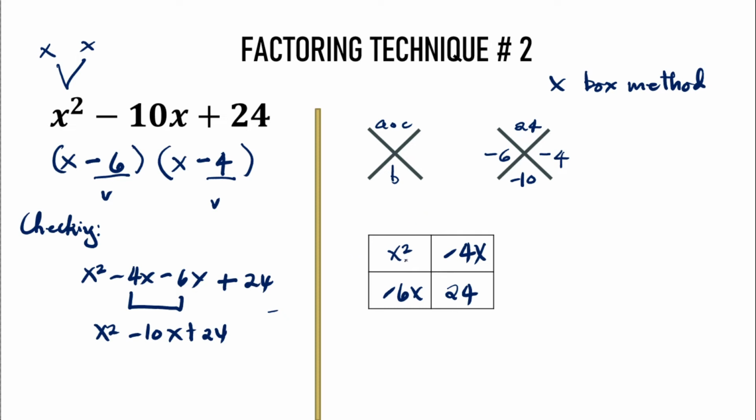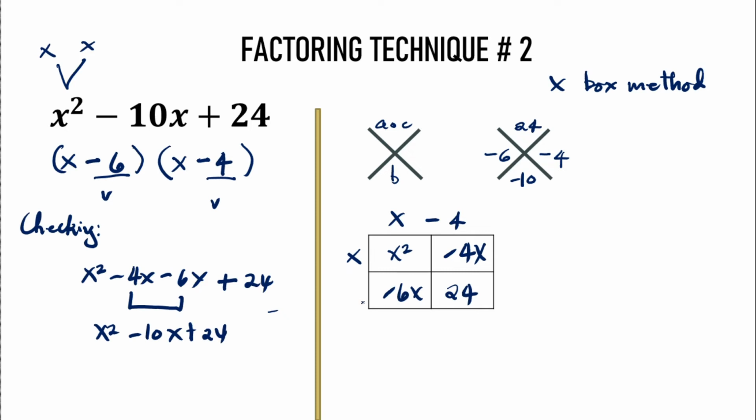So, sa x squared, ano yung factors ng x squared? We have x times x. Okay. Lalagay tayo ng number dito. Ano yung number na i-multiply natin sa x? Magiging negative 4x. So, it's very easy. Negative 4. Ano naman yung number na i-multiply natin sa x?